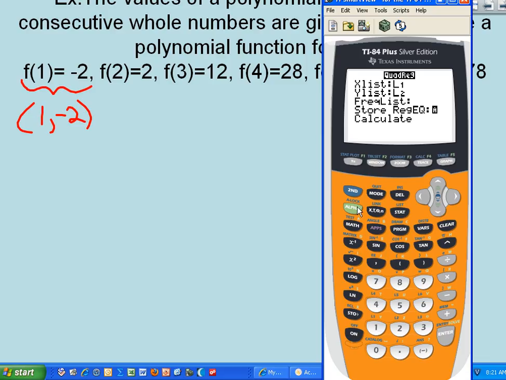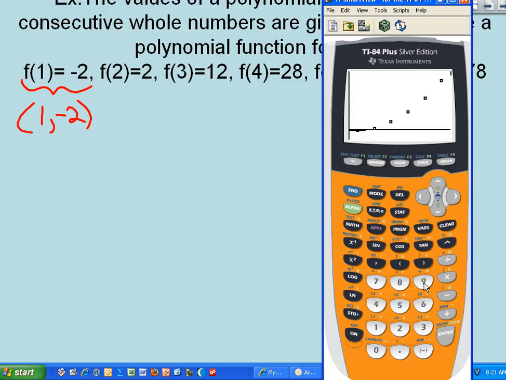And look at that, r squared is 1, perfect fit. And if I go up here, I go zoom data, there's my quadratic function.